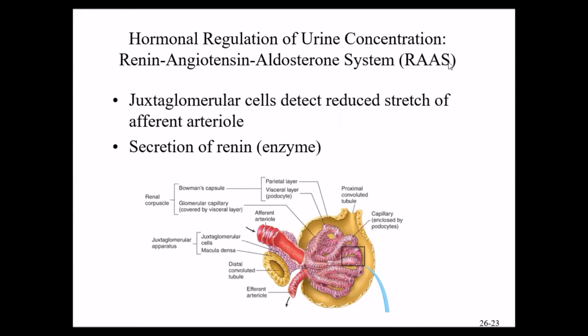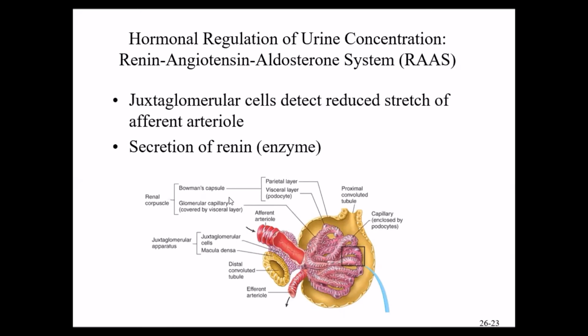Sometimes it's shortened RAS, and it involves several chemicals, and I'll show you a flow chart of different hormones and enzymes that are used to try to balance out your GFR. So let's say, for example, you have low blood volume or low blood pressure, and your juxtaglomerular cells that we just talked about detect that there's a reduced amount of stretch in the afferent arteriole.